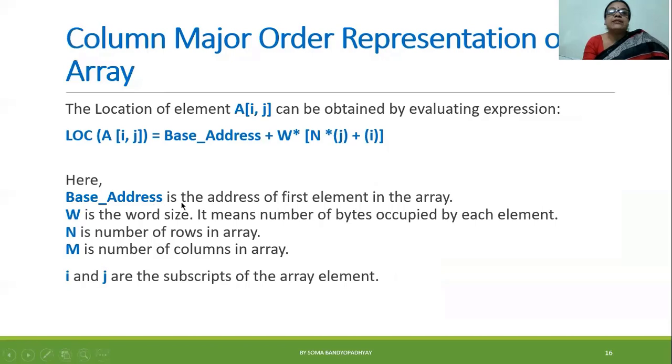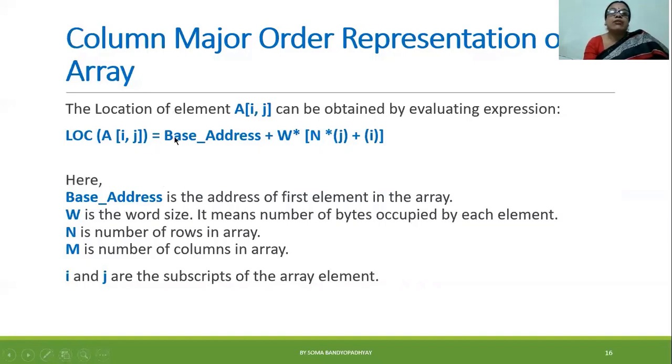Here the base address is the address of the first element of the array. W is the word size, which means the number of bytes occupied by each element. N is the number of rows in the array. M is the number of columns in the array. I and j are the subscripts of the array element. I is the index of the row and j is the index of the column.